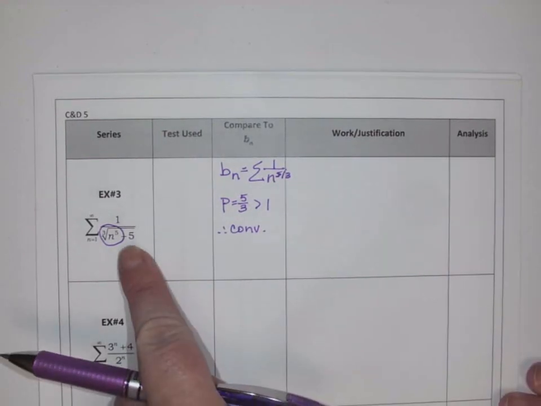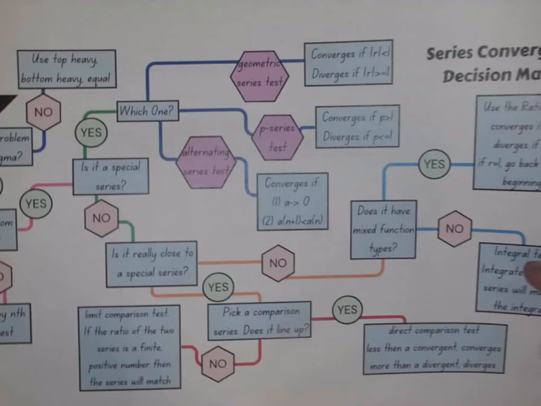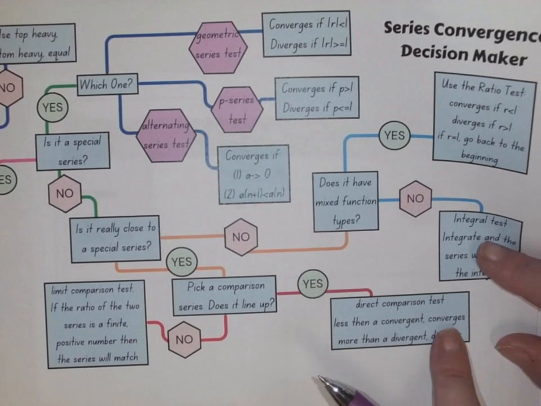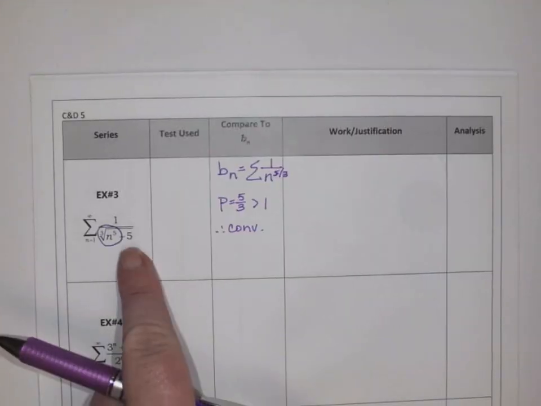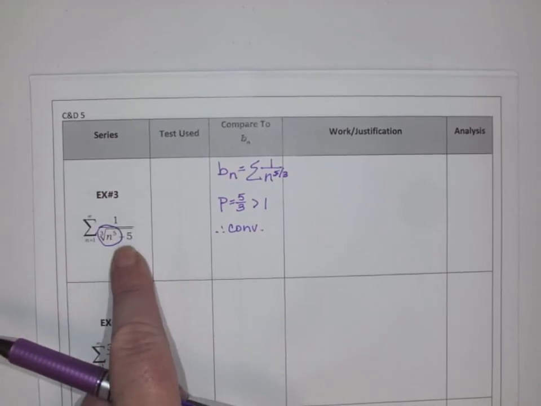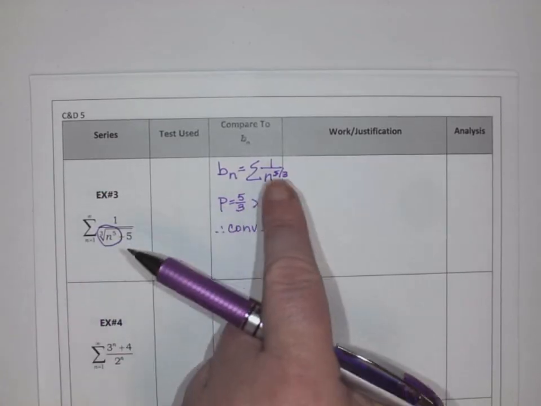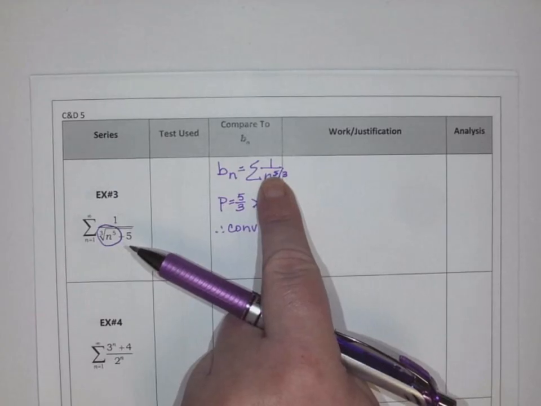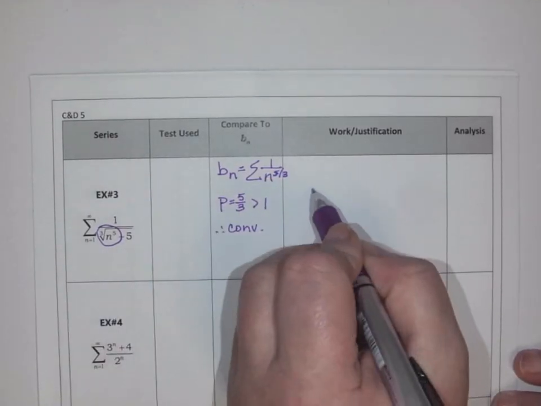Remember, less than a convergent converges. So if we add 5 to the denominator, to the bottom of the fraction, what happens to the overall number? Well, that makes it smaller. So this guy is going to be smaller than that guy, so that means we can get it to line up.